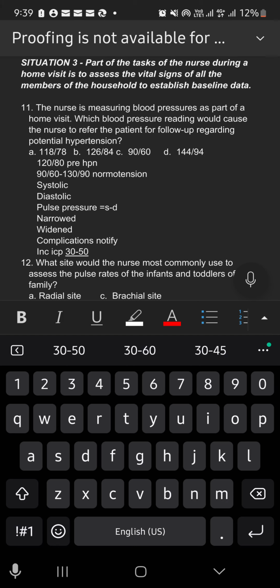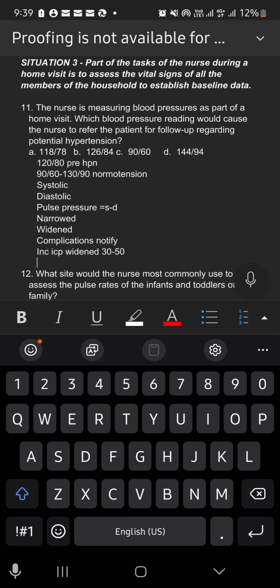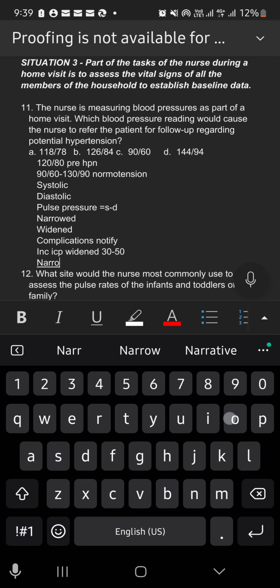So higher than that or lower than that, you need to refer it to the physician. Increased ICP causes widened, while for narrowed, most of these patients experience shock. So again, still notify the physician.